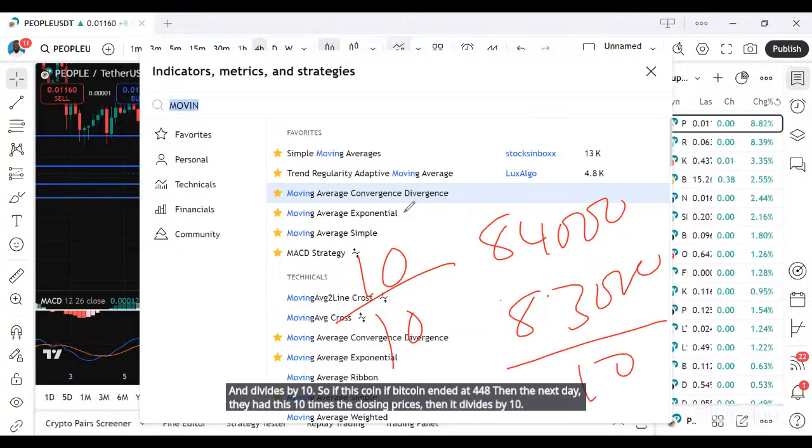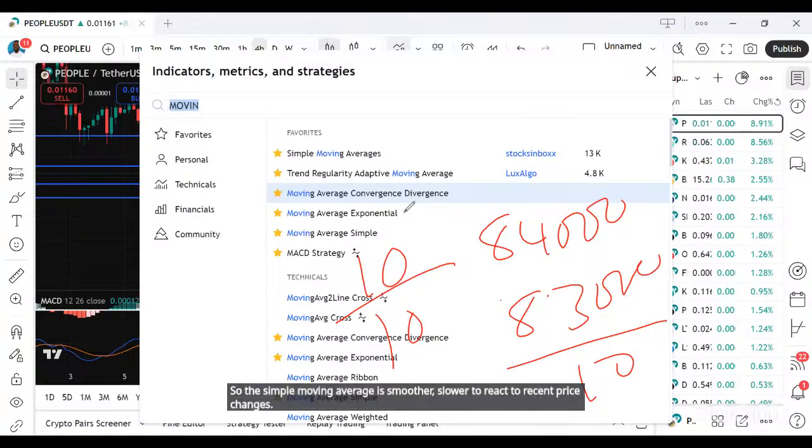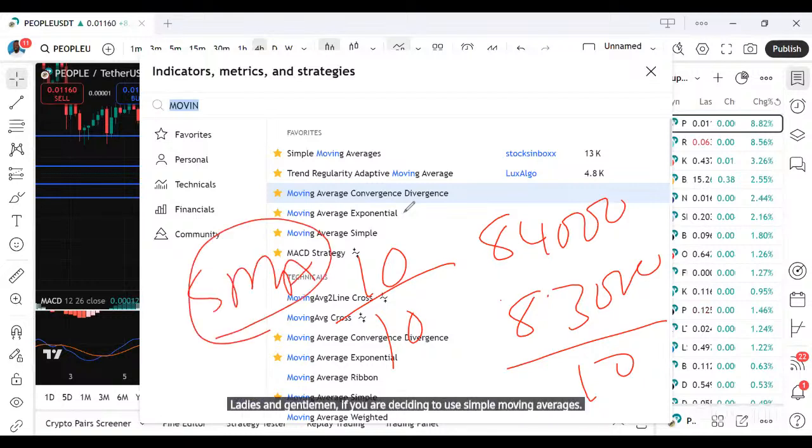So the simple moving average is smoother and slower to react to recent price changes. Ladies and gentlemen, if you decide to use simple moving averages, you should be looking at identifying longer-term trades.